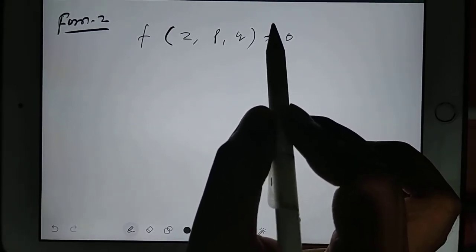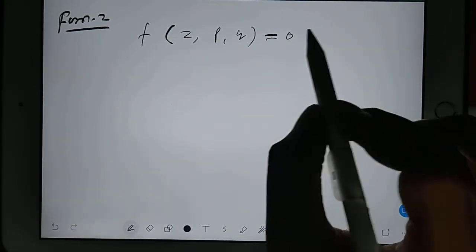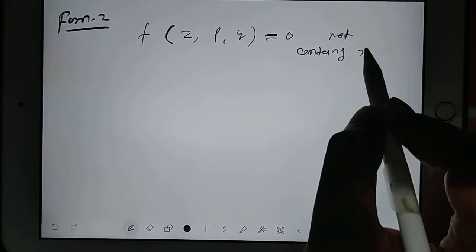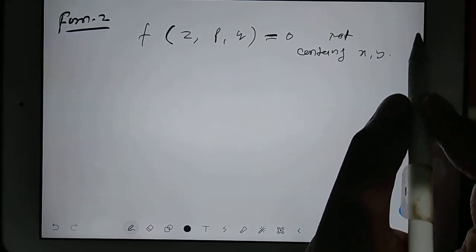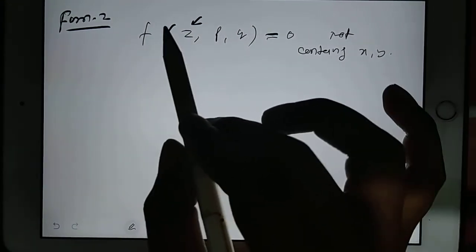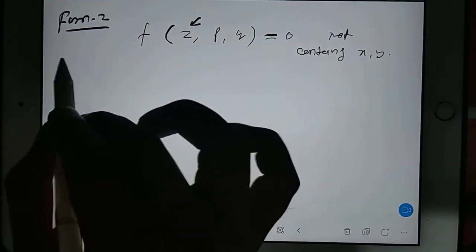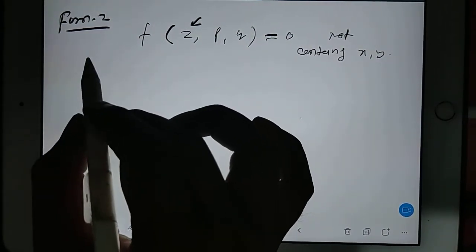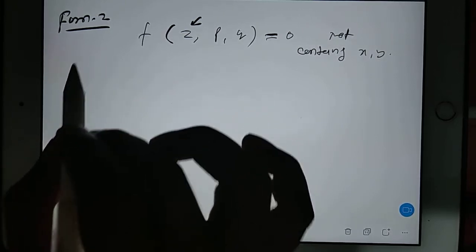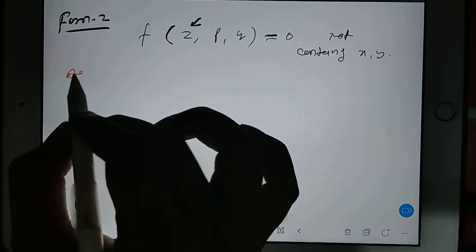Now here these equations are not containing x, y, but z is there. In the previous equation, it was not containing x, y, z, all the three. Now in this equation, you will do like this. Steps I will explain.